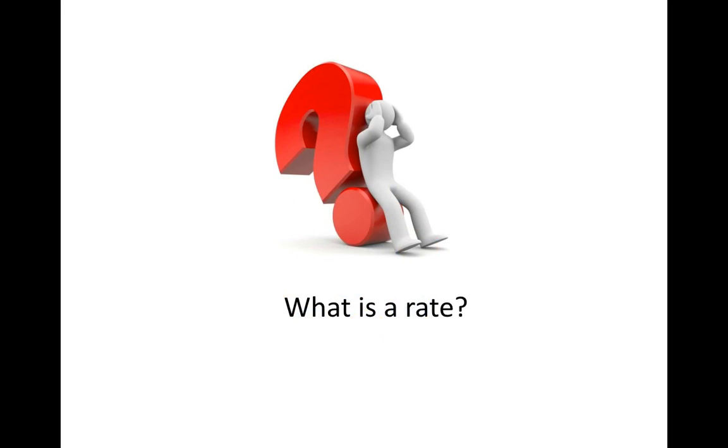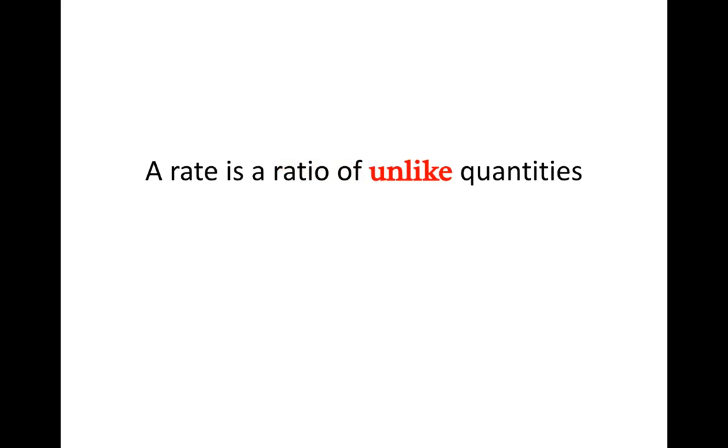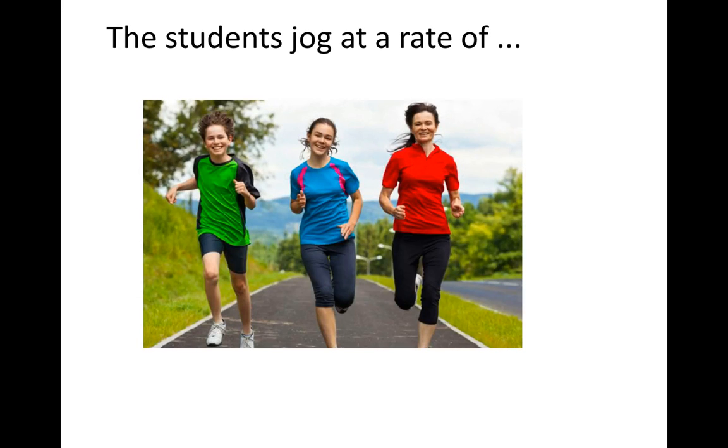Now, that leads us to the next one, and that is, what is a rate? Because a rate is also the comparison of two things, but it is different because those two things or quantities are not the same. Now, that may sound more complicated than it actually is, so consider this one. If you saw some students jogging along and someone said the students jog at a rate of, we might say something like 8 kilometers an hour.